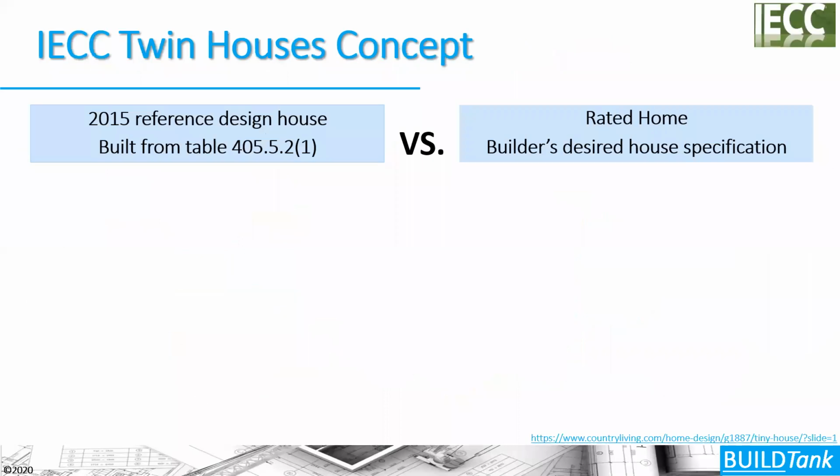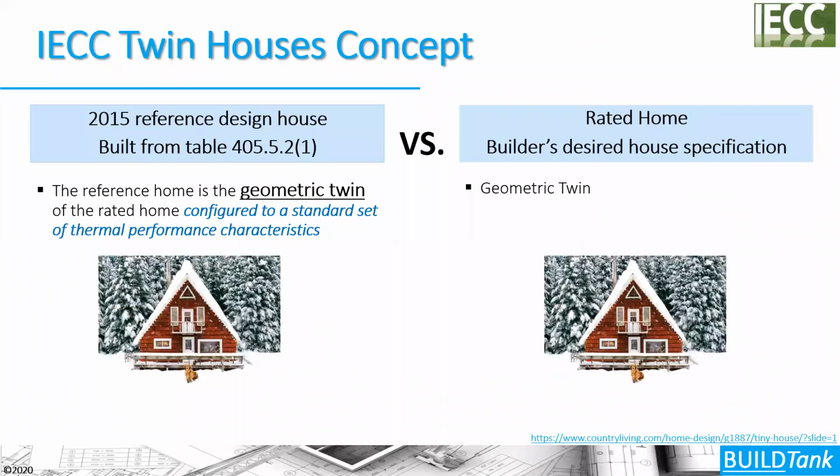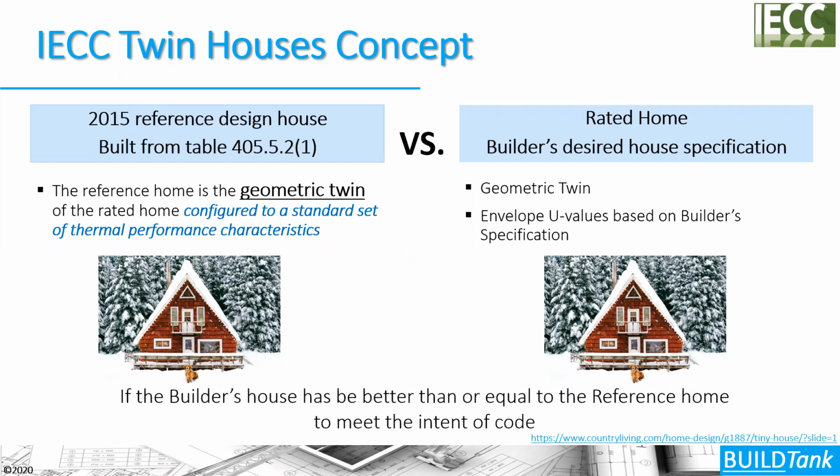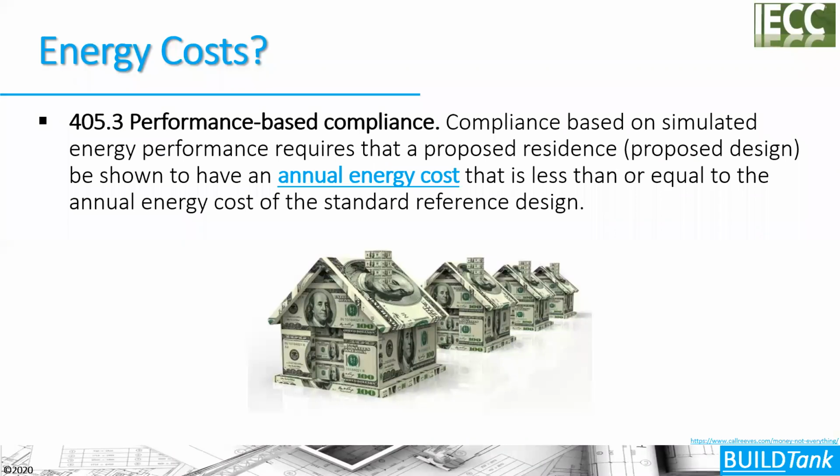In the same way that the UA trade-off pathway is doing in the software, we have two homes that are built inside the software that are geometric twins of each other. The envelope features that the builder wants to do are compared to those of the reference home, and the builder's house has to be less than or equal to the reference home. However, instead of using area weighted U values, it's using annual energy cost as the compliance metric.